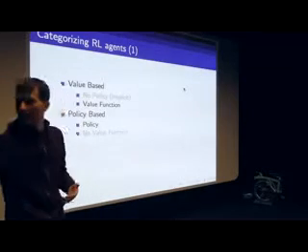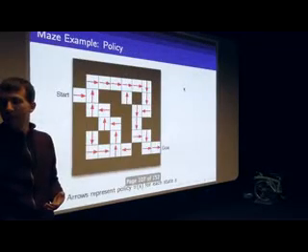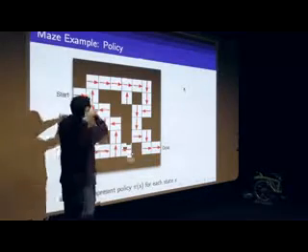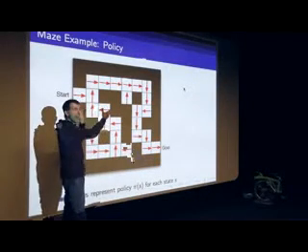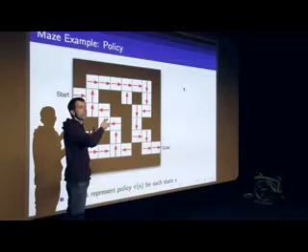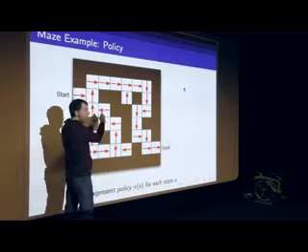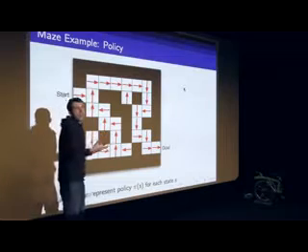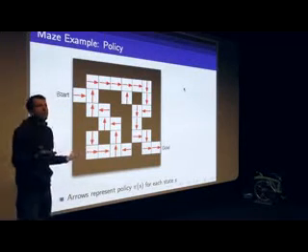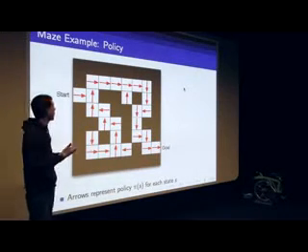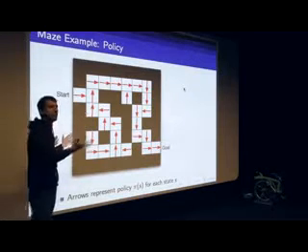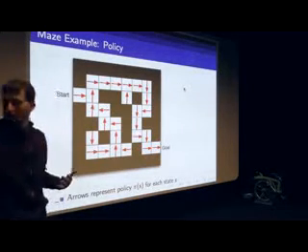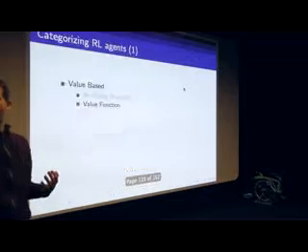So those arrows that we had here, a policy-based agent would maintain some kind of data structure equivalent to these arrows, and it would work directly in that space. It would basically look at how well it does and adjust these arrows so as to get the most possible reward, without ever explicitly storing the value function. So that's what a policy-based agent means. A policy-based agent is one that stores the policy. A value-based agent is one that stores the value function.